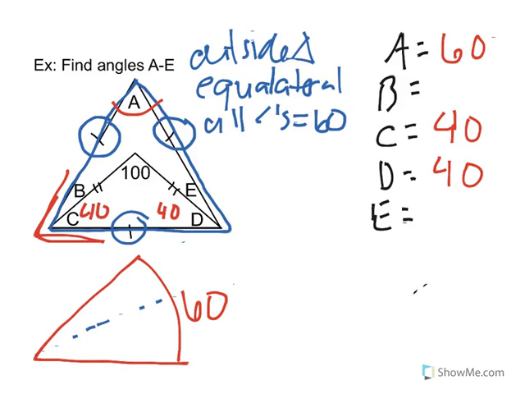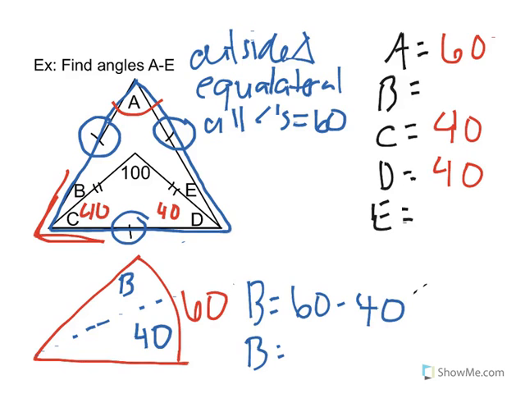We know where C was is 40 degrees, and we want B. So to find B, you would take the whole minus the part. So that means that B is 20 degrees.